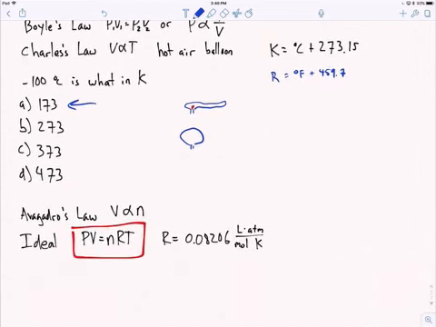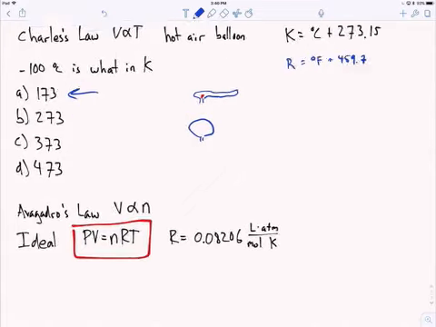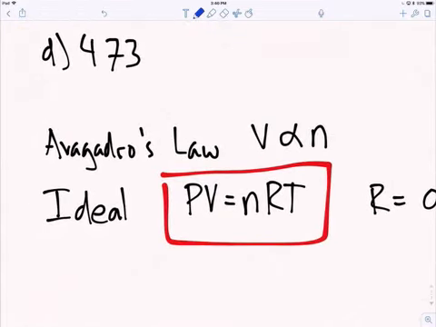Like I said, I'm not going to cover all the laws, but let me cover Avogadro's law. There's also Gay-Lussac's law as well. Avogadro's law is volume is directly proportional to the number of moles. So how do you blow up a balloon?